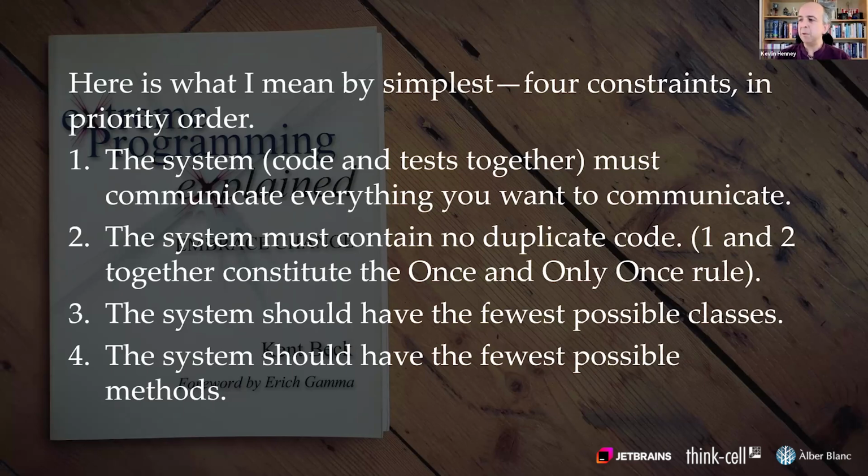If you have a minimal number of classes and a minimal number of methods or functions, but it looks like just a big damn mess and you end up with really long methods, then I'm going to say that it does not communicate, because you've not shown the breakdown of the ideas. If all your variables tend towards the single letter, then you have not communicated everything that you want to communicate. You've kept most of the stuff back.